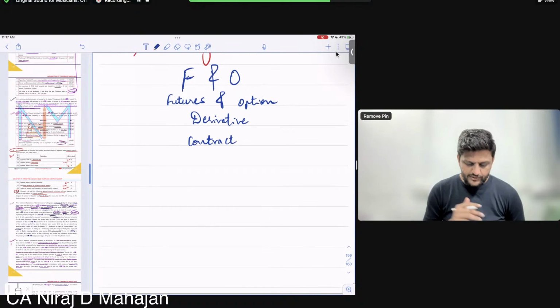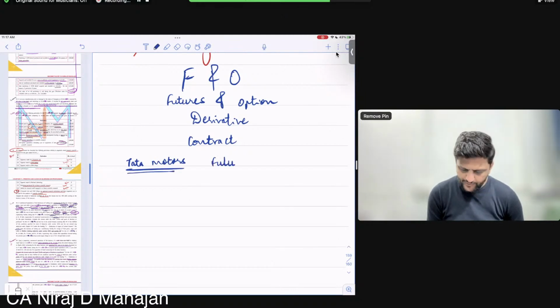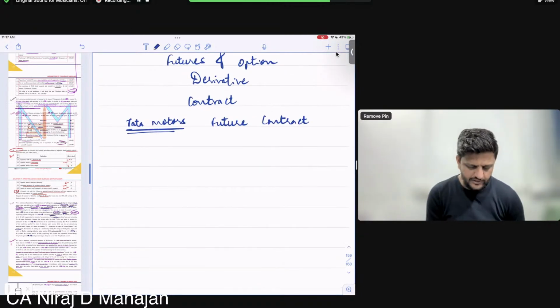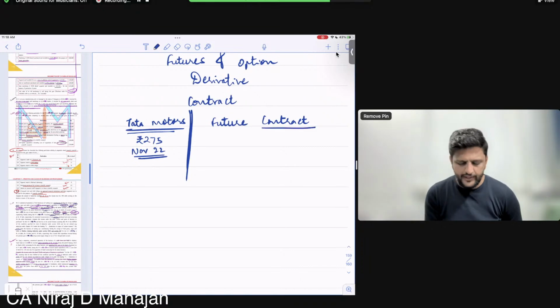Now, it is a contract means what? Let us say I give the example of Tata Motors. It is a future contract. Means what? I keep two options with me. Let us say the price currently is going at rupees 275, in the month of November 22. I enter into a contract for the future, that is December 22.